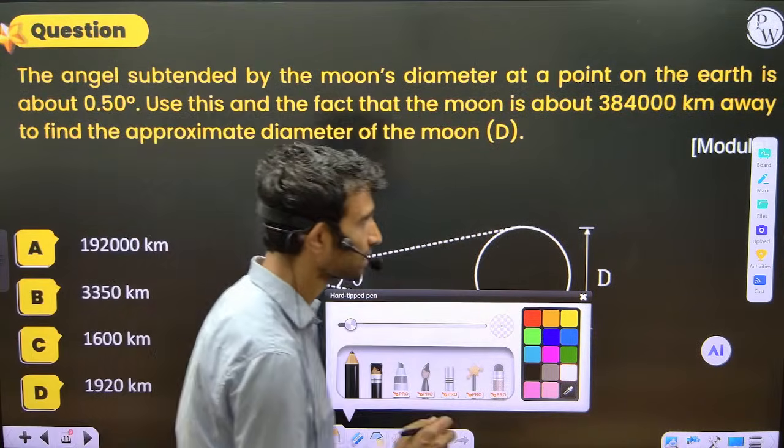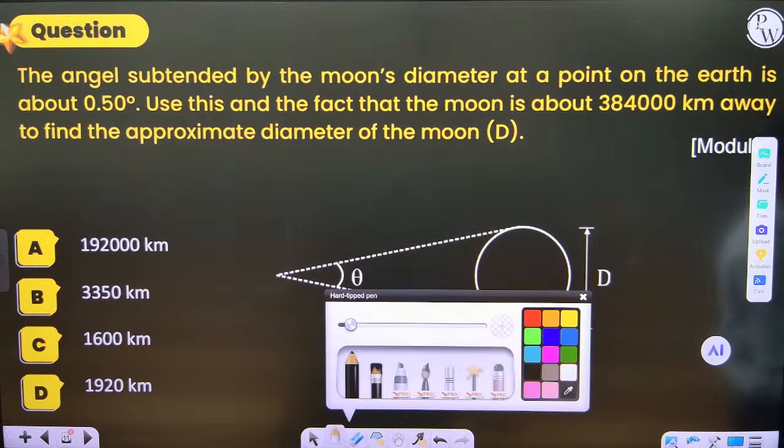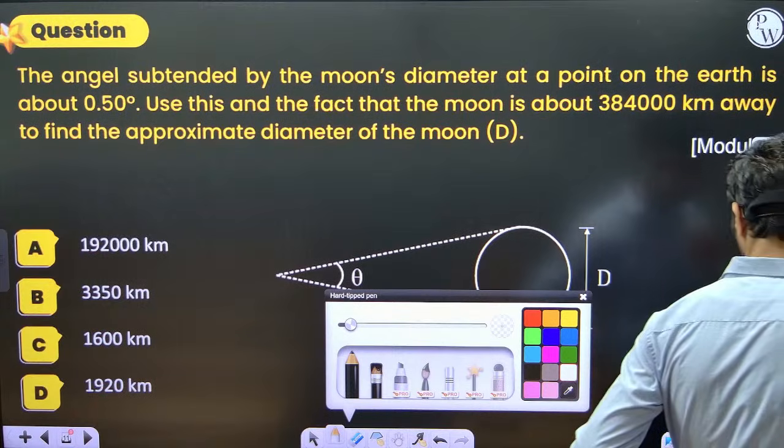Oh, one second. Sir, some overlay problem.